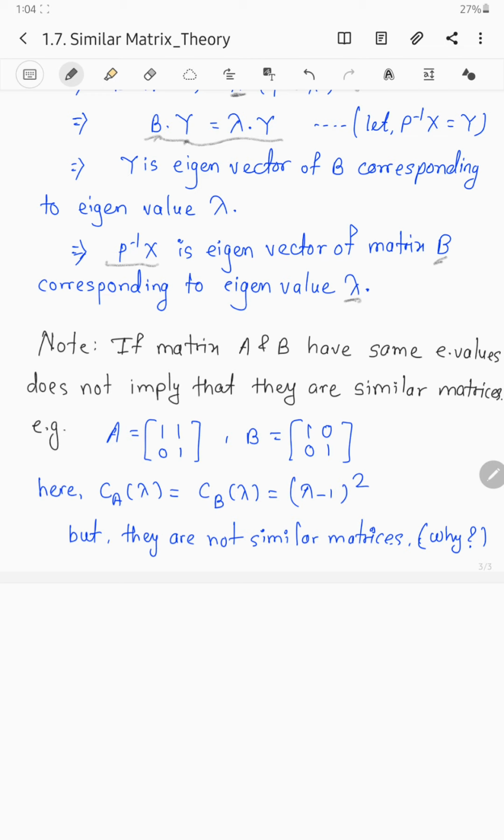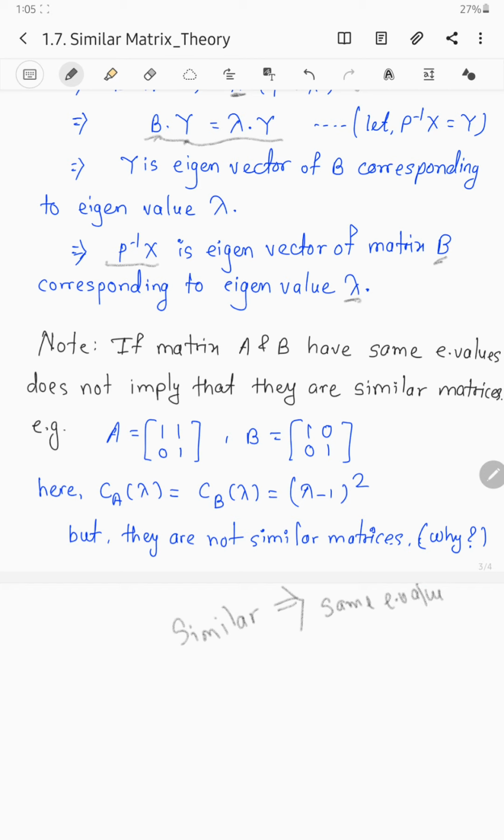What we learn firstly is that if matrices are similar, then both matrices A and B have the same eigenvalues.